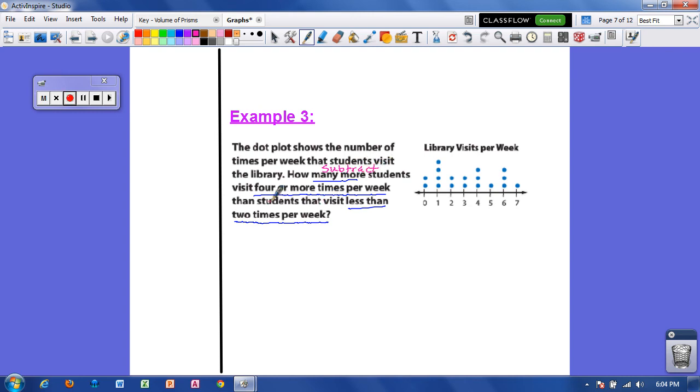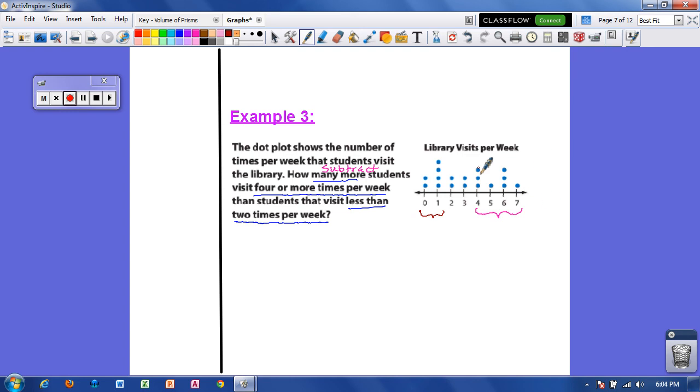And I'm concerned about students who visit 4 or more times per week. So I'm worried about this here, 4 or more: 4, 5, 6, and 7. And I'm also worried about students who visited less than 2 times. So 0 and 1 are less than 2.